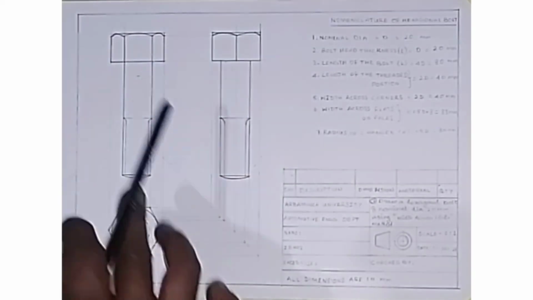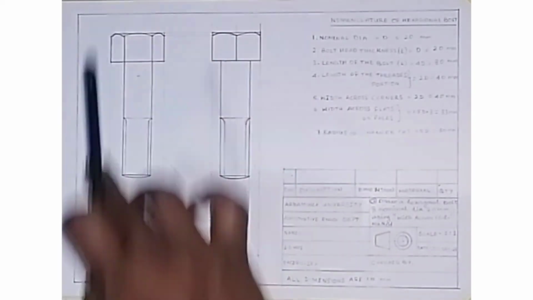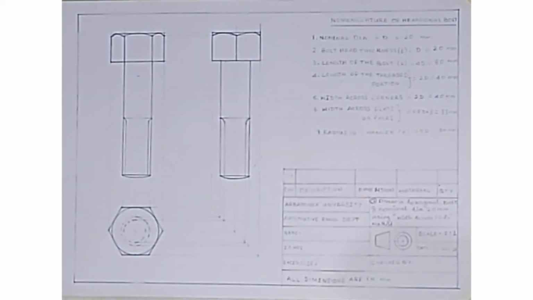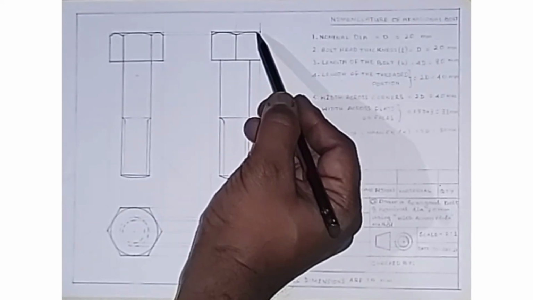Now you can draw the center lines wherever the circular parts are there. For example, here you can draw the center line. Here this portion, the entire bolt, you can draw the circular center line.